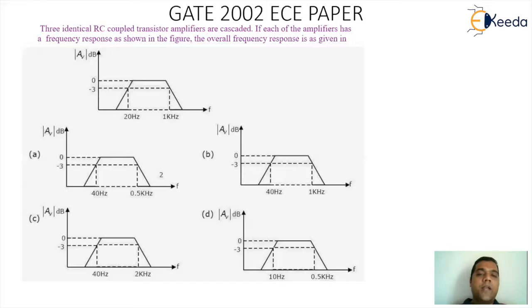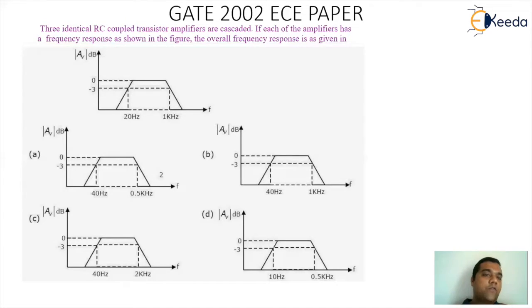From this, you can easily see option B and option C get eliminated, because option B has a higher cutoff of 1 kilohertz, which is exactly the same as the higher cutoff of a single transistor circuitry. And option C gives a higher cutoff of 2 kilohertz, which is also not possible, because in either case the multi-stage amplifier will always have a higher cutoff less than 1 kilohertz. So option B and option C get eliminated.